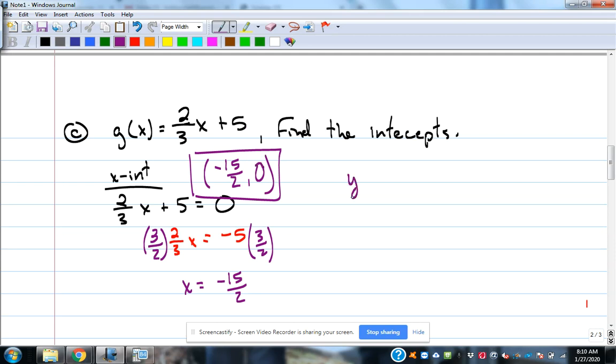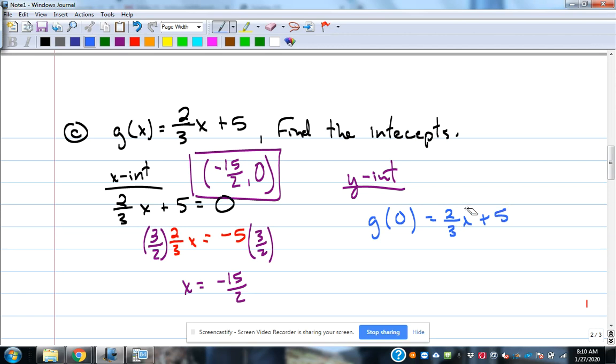And then the y-intercept, much easier thing. You plug a 0 in for x. Since it's already in slope-intercept form, when I do that, I already know that the y-intercept is going to be 5.